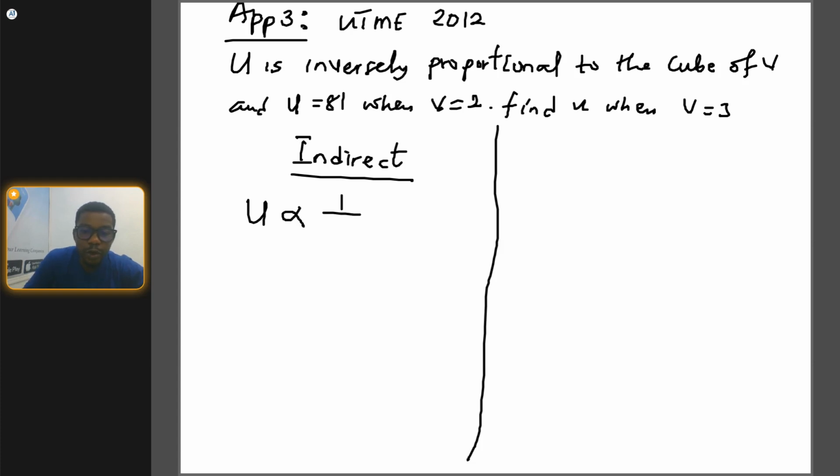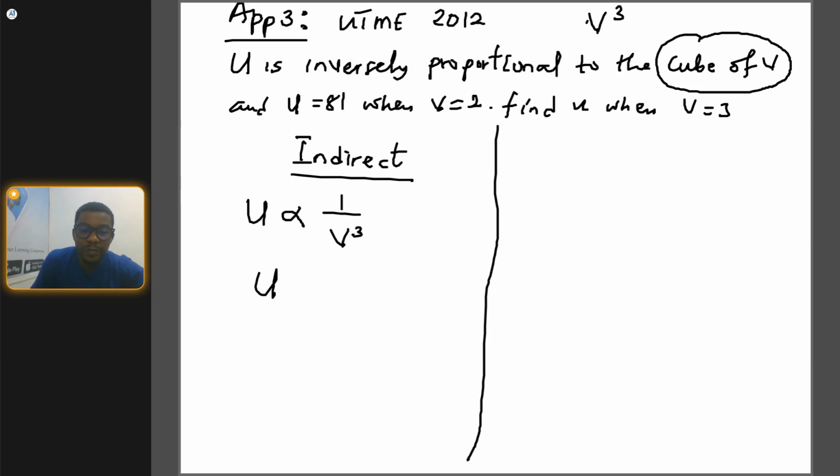Now take note, they said the cube of v. The cube of v, that is v raised to power what? 3. V raised to power 3, that's the cube of v.